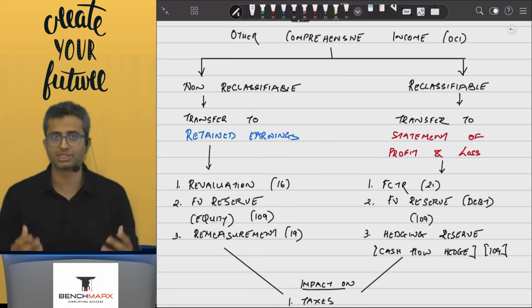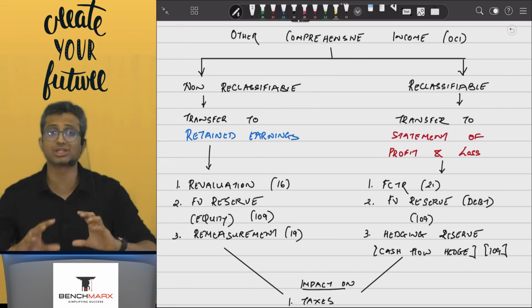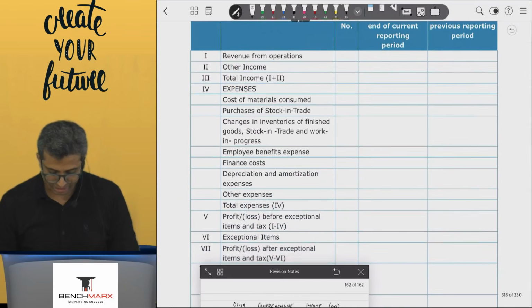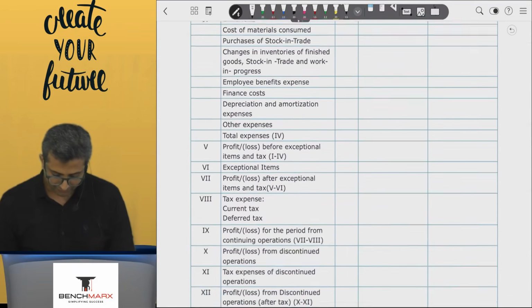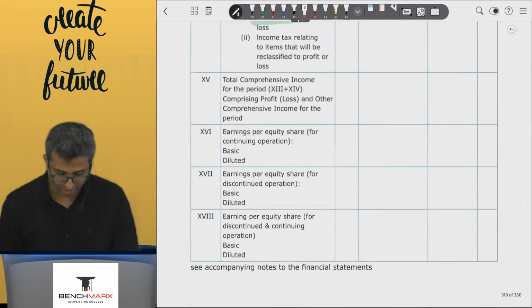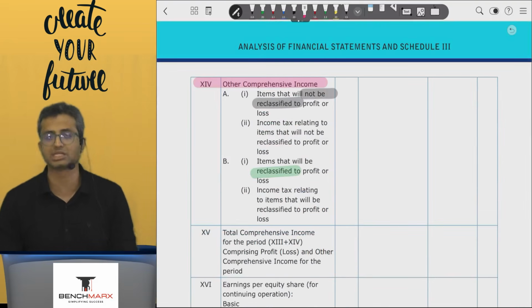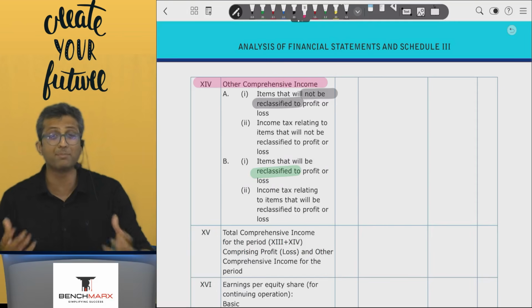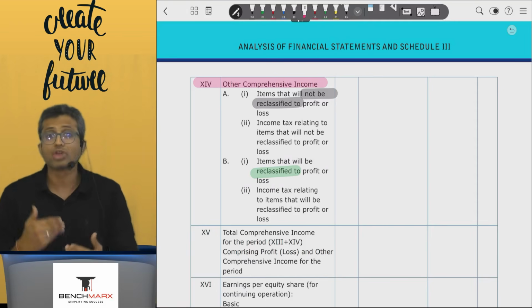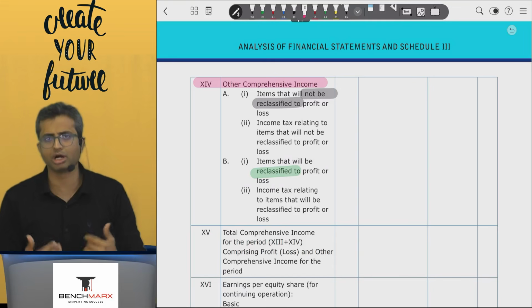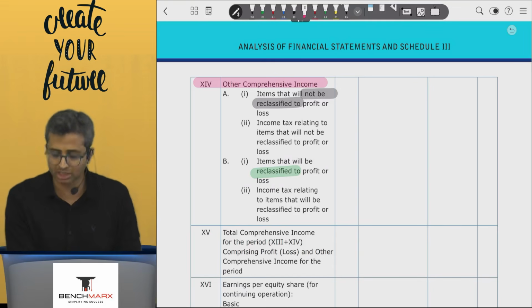And hence IFRS as well as Ind AS came up with the solution that after your statement of profit and loss, so this is your regular statement of profit and loss, after this, at the end of the statement, after PAT, you will continue further into something called other comprehensive income, or OCI, which shows the changes during the current year of certain important items which are in the nature of income but maybe not realized, maybe currently not distributable, and hence you will park these changes into other comprehensive income.